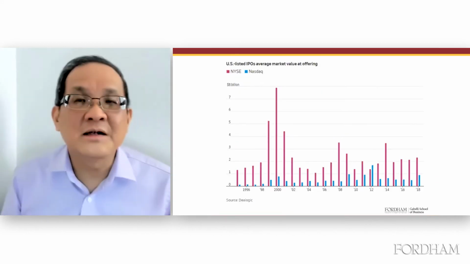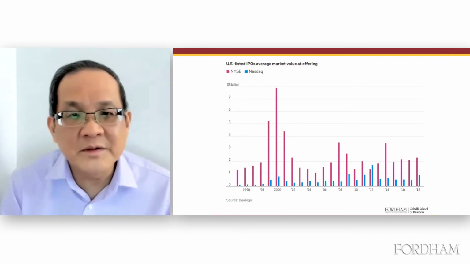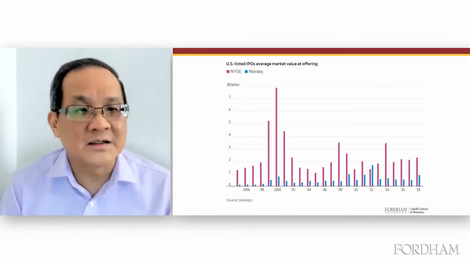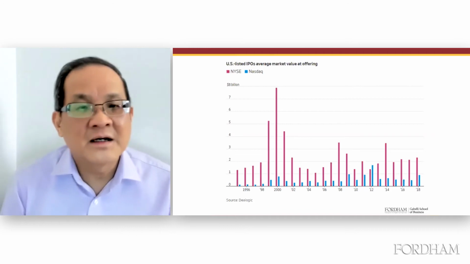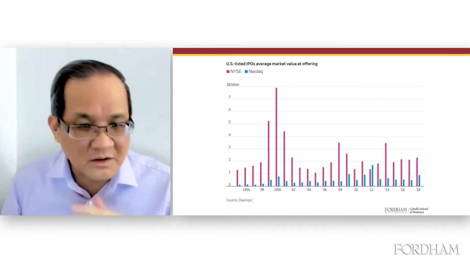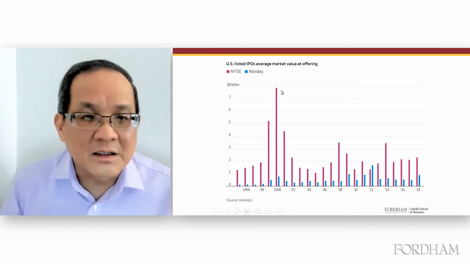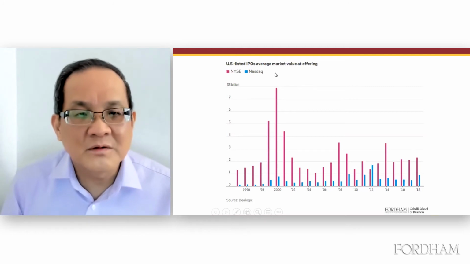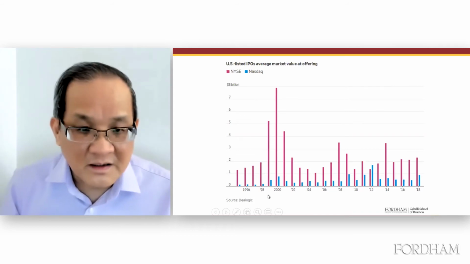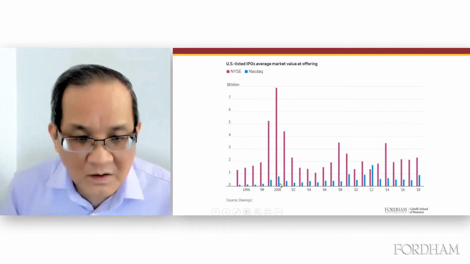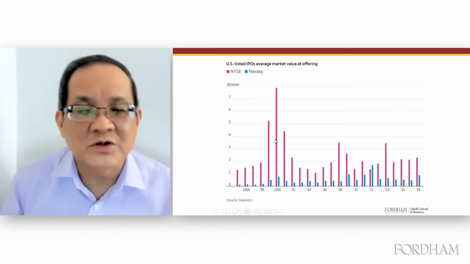It's important to understand that the listing requirements are different between the New York Stock Exchange and NASDAQ. Typically, though not always, the average market value at offering for US-listed IPOs on the NASDAQ is a lot smaller than on the New York Stock Exchange.